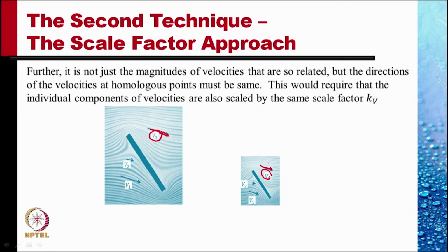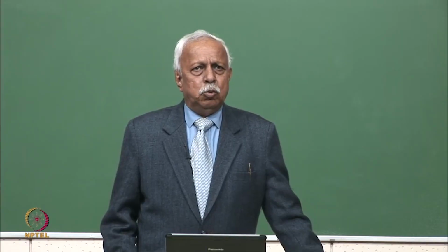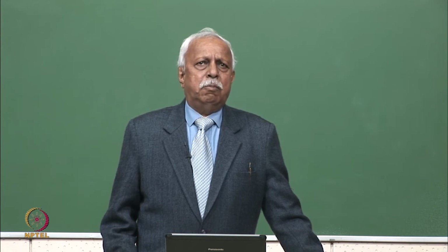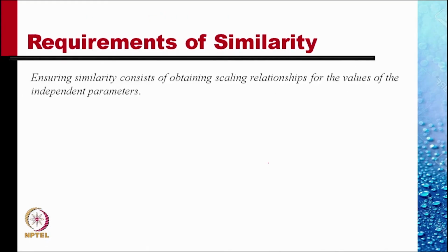This means the components of velocities in the two pictures are related by the same scale factor Kv. This is true for all homologous points. So all velocities at homologous points in similar flows must have the same direction, so that the magnitude of the velocities and all their components are scaled by the same scale factor Kv.